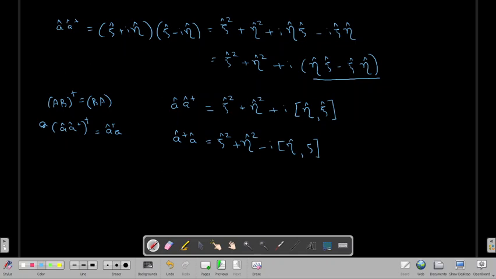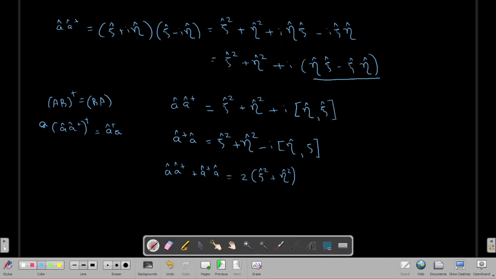Okay. So if I add both of these quantities, then I will get A into A dagger plus A dagger into A is equal to 2 times xi square plus eta square.